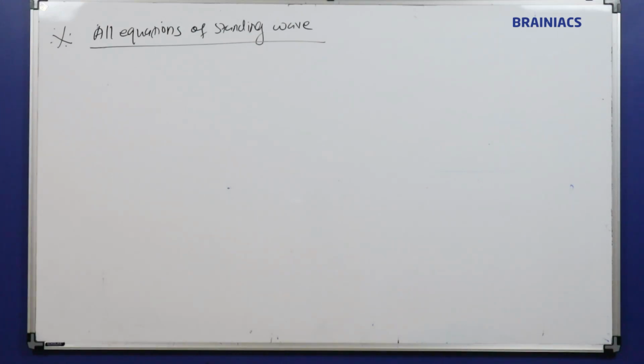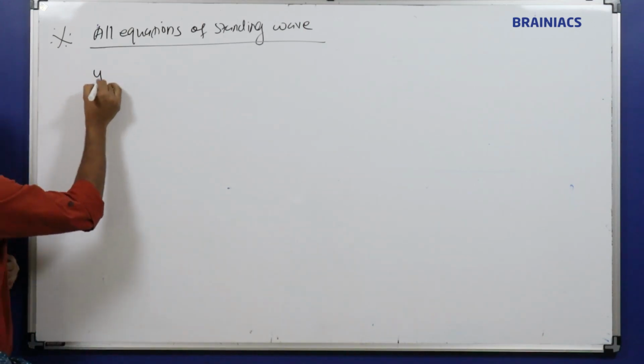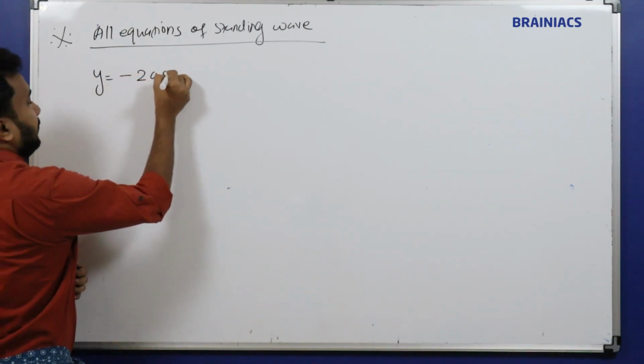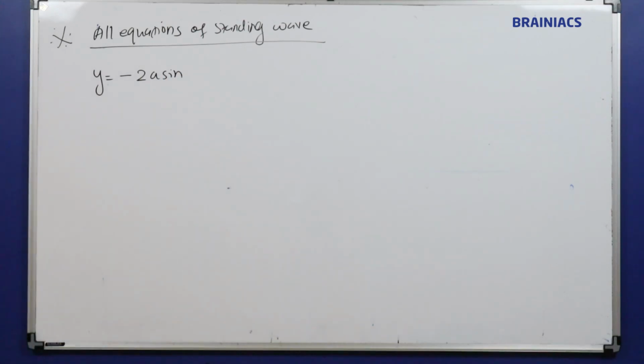What have we learned from the fixed end reflection? Fixed end reflection, what have we read? Y is equal to minus 2a, what is the amplitude?